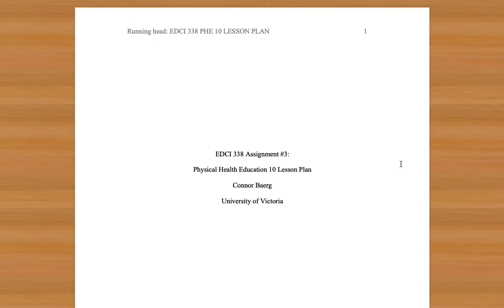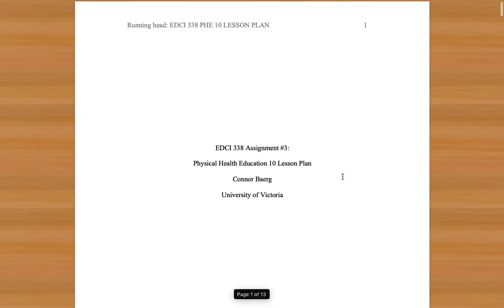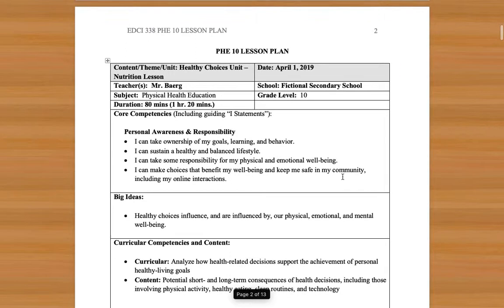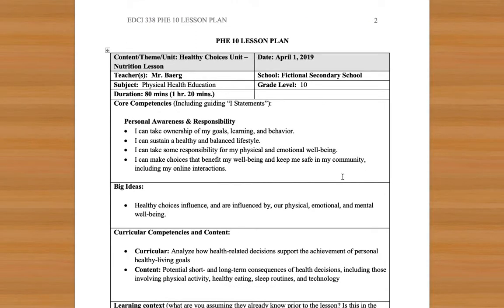So, as you can see here, it is a physical health education 10 lesson plan. So for grade 10 students, I'm a secondary B.Ed student, so I wanted to focus on something that was relevant to high school students and that I could use in the future. So that's the title. As we scroll down here, you can see that the unit that the lesson is in is a Healthy Choices unit.